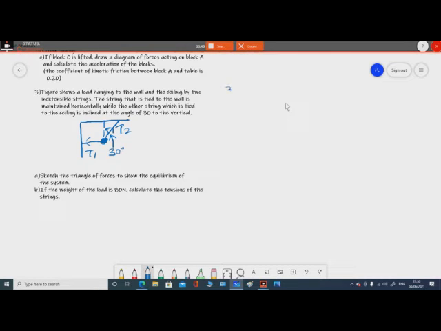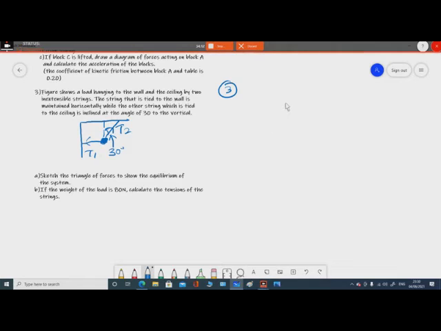Number 3. The figure shows a load hanging from the wall and the ceiling by two inextensible strings. The string that is tied to the wall is maintained horizontally, while the other string, which is tied to the ceiling, is inclined at an angle of 30 degrees to the vertical.